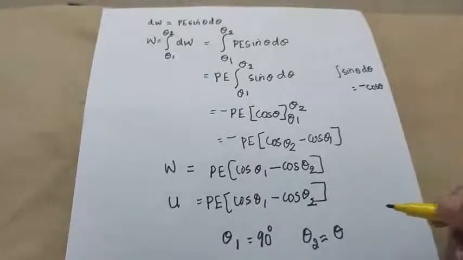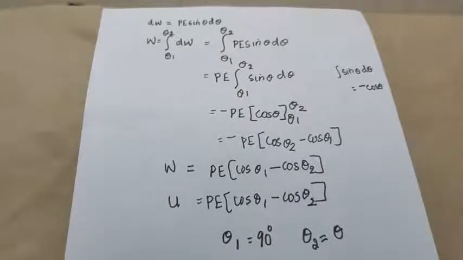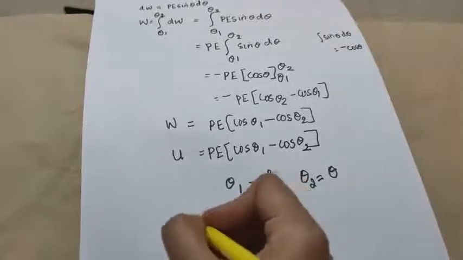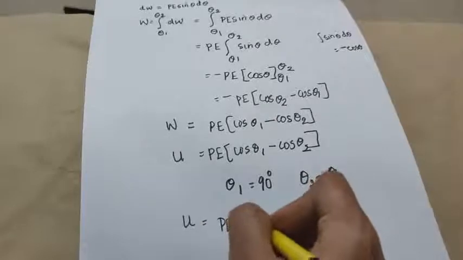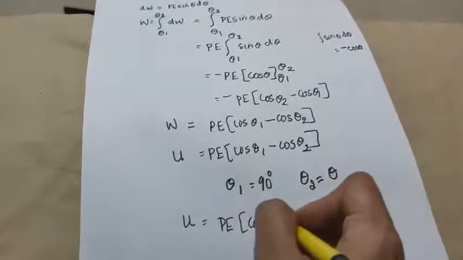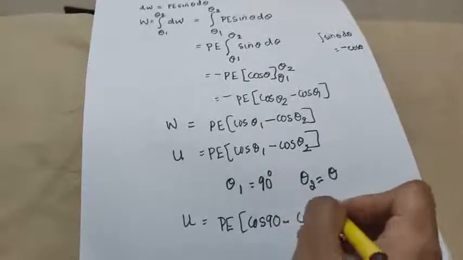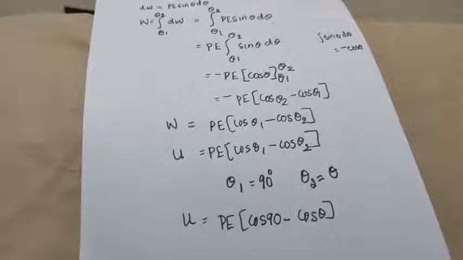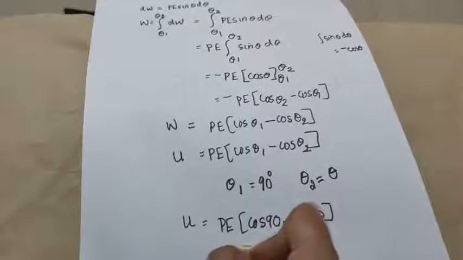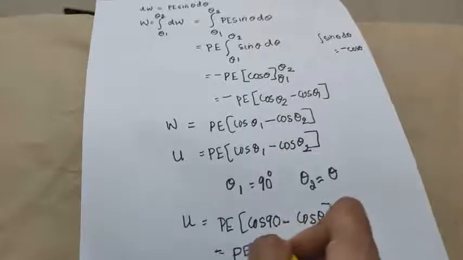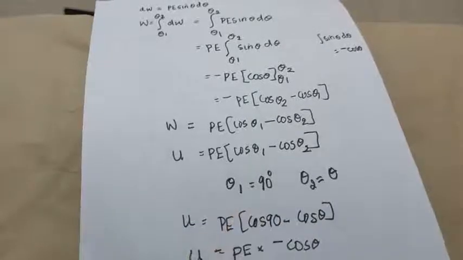Let us substitute these values here. The potential energy will become U is equal to PE into cos 90 minus cos theta. What is cos 90? Cos 90 is 0. So it will become minus PE cos theta, the potential energy in this case.